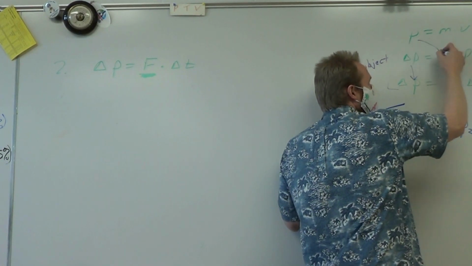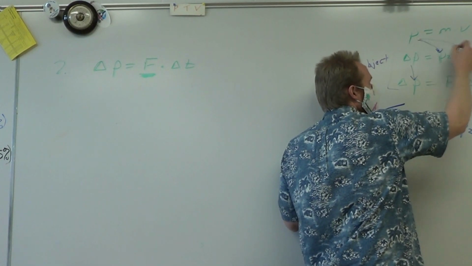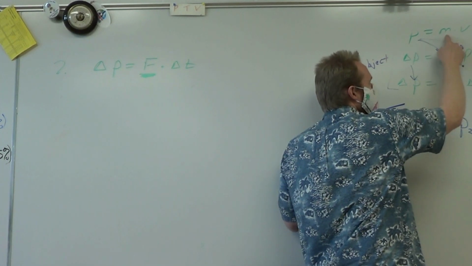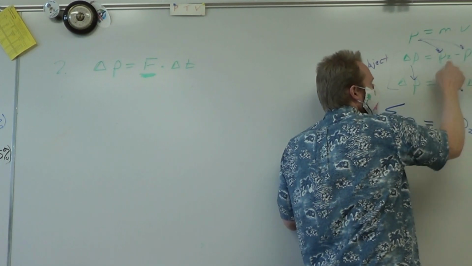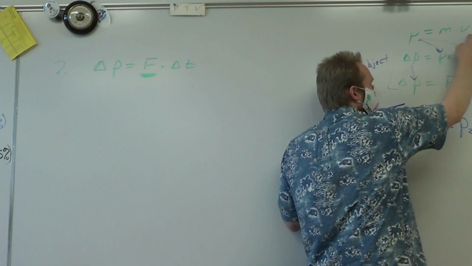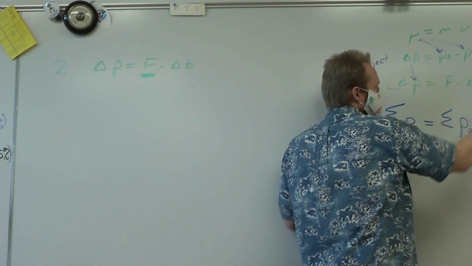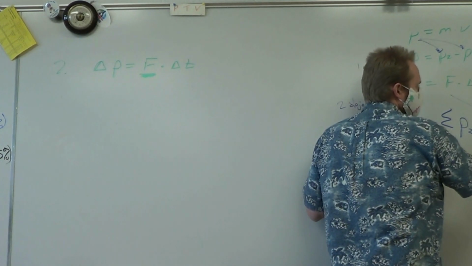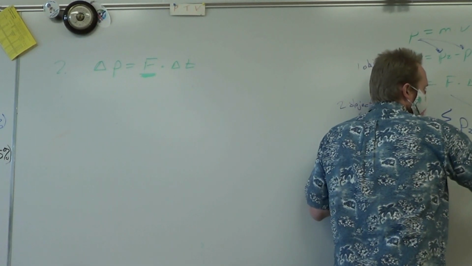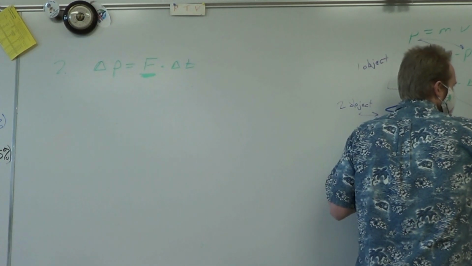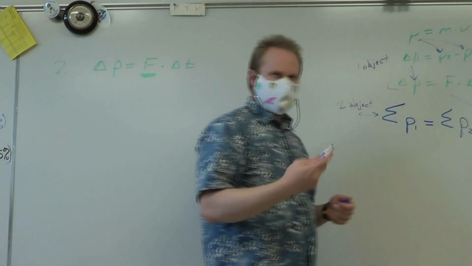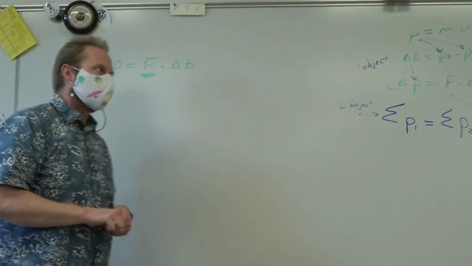And then we could do a couple other substitutions and say, well, how do we find P2? Well, P2 is nothing more than M times V2. And P1 is M times V1, which then we can say is the same as delta P, which is that equation that I had on the board the other day. That's just a couple substitutions along the way.